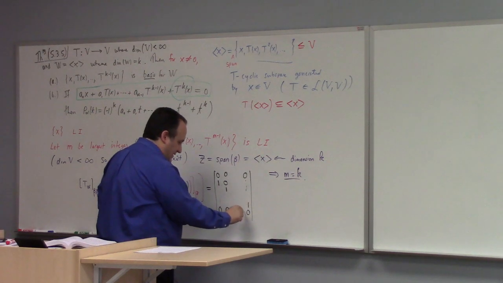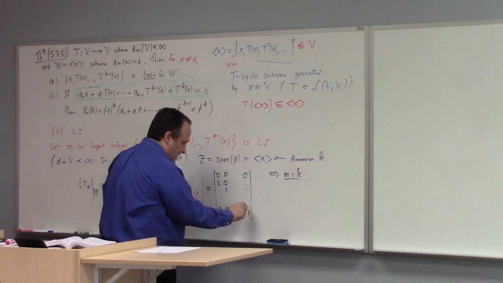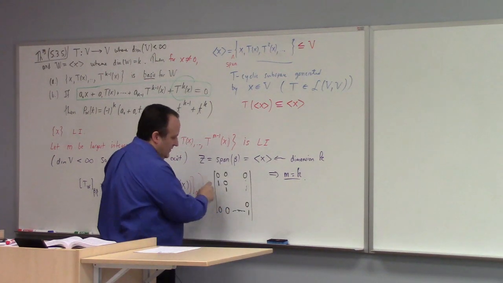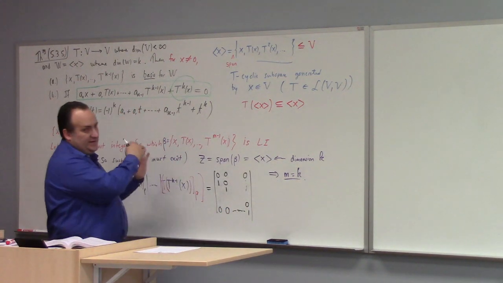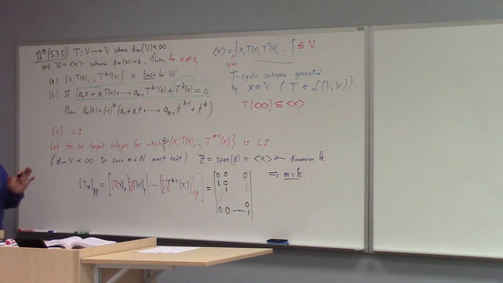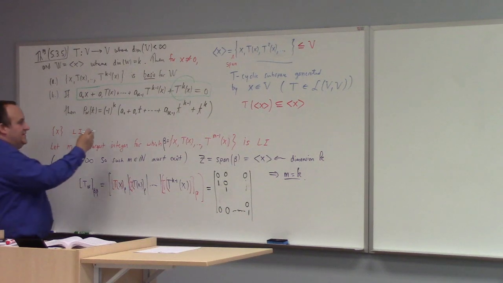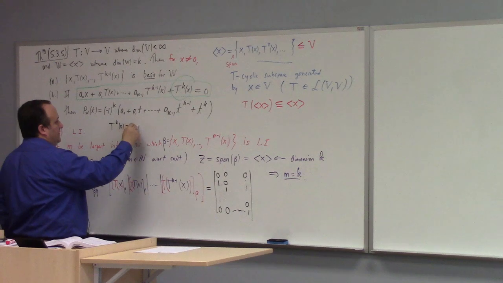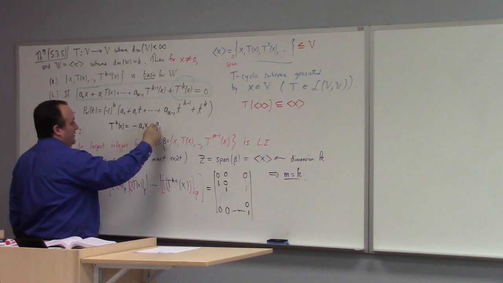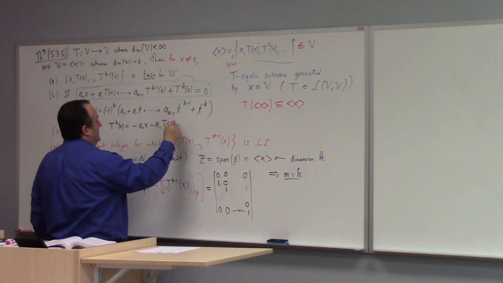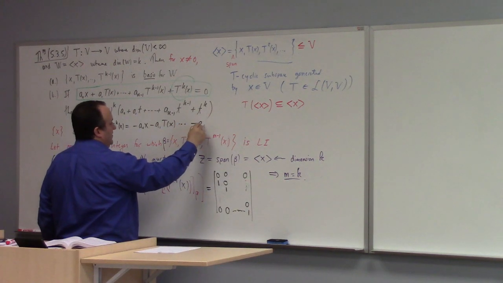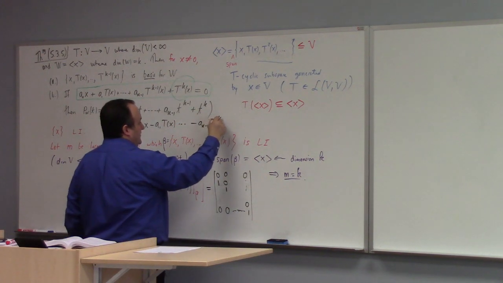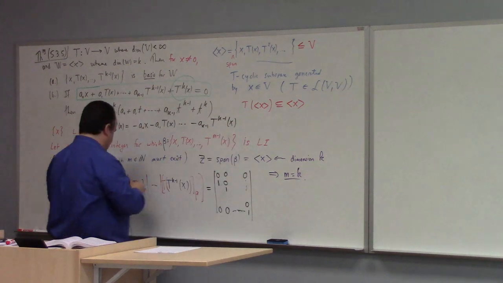Which I think puts the 1 here, right? Yeah. So you have 1's on the subdiagonal. And then the last column, notice that this gives us T^k of x equals minus a0 x minus a1 T of x, and so on, minus a_{k-1} T^{k-1} of x. You guys see that?